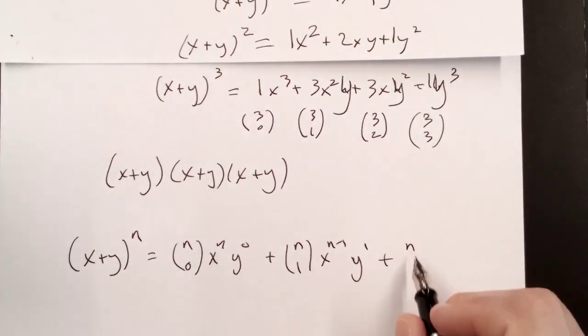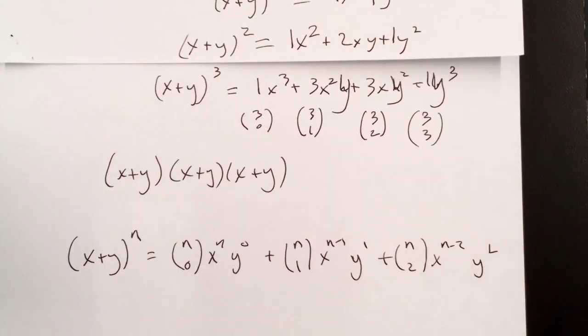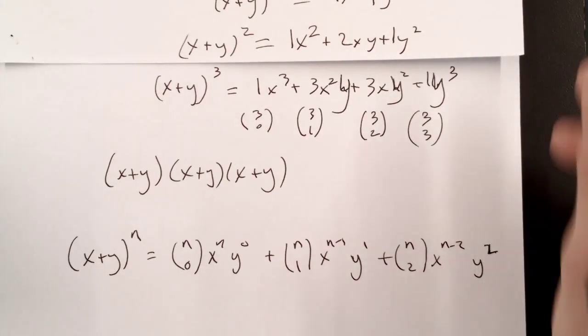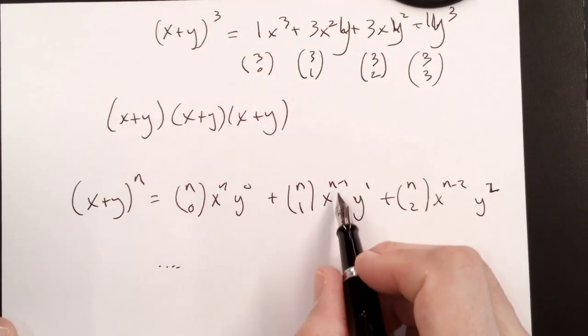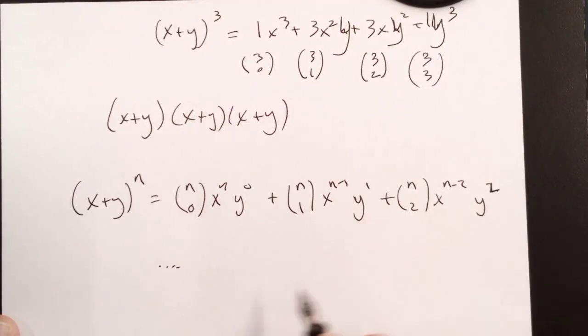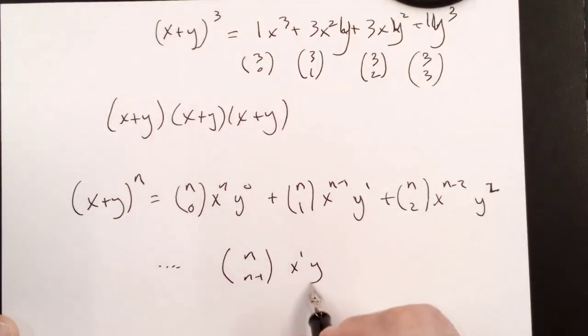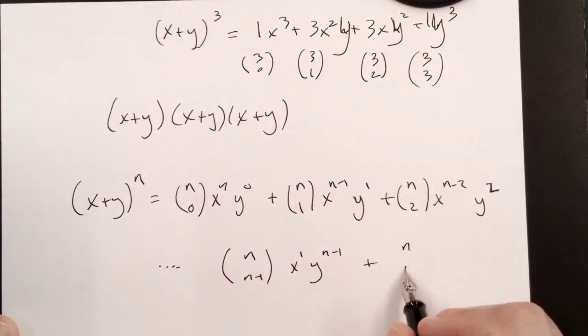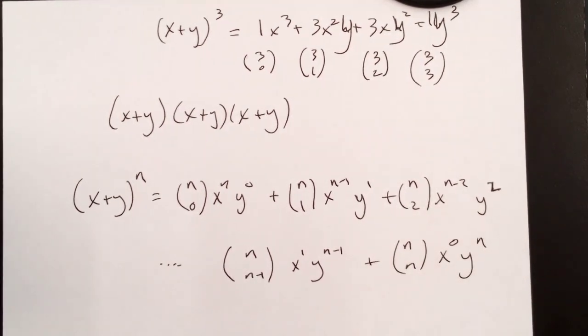Then you do n choose 2, x to the n minus 2, y squared. And you just keep going, making the number smaller on the x and bigger on the y, until you finish it out.